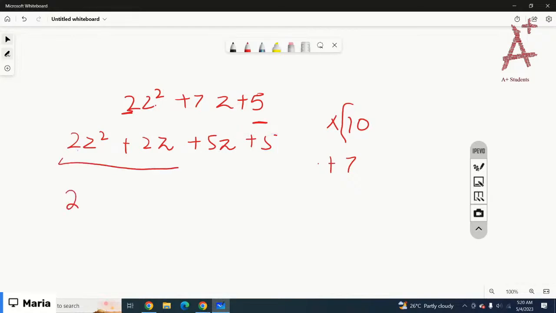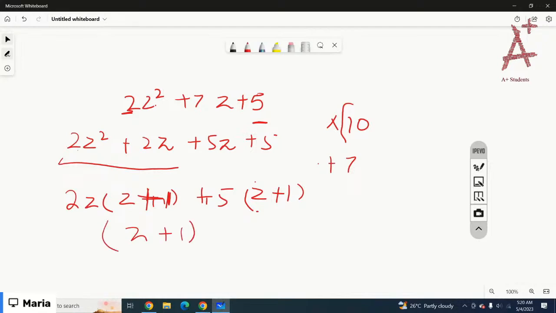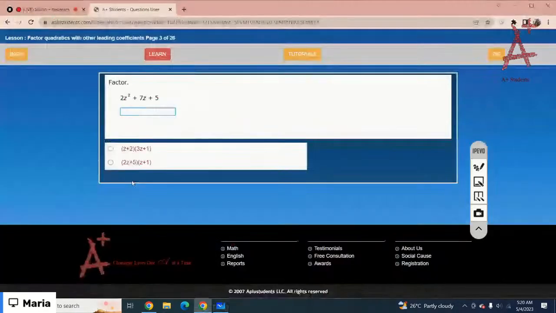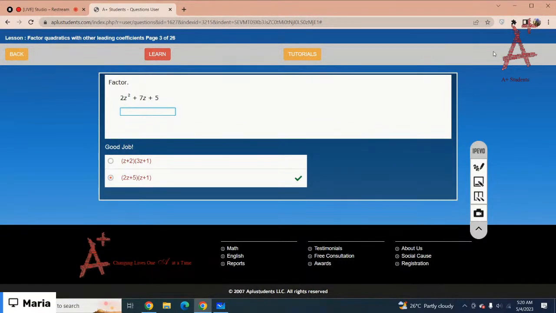So from here you can take common 2z, you are left with z plus 1. And from here you can take common 5 and you are left with z plus 1. So you can take common z plus 1 and the other factor is 2z plus 5. So it would be z plus 1 and 2z plus 5. Option number 2 is the correct option. It would be 2z plus 5 and z plus 1.